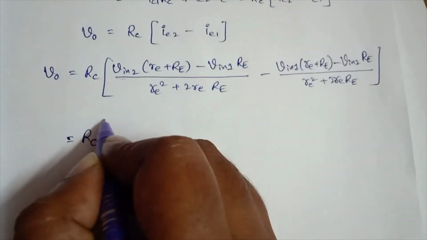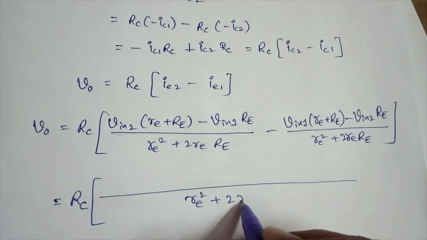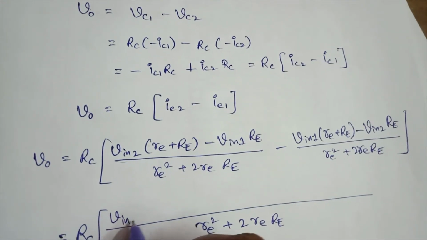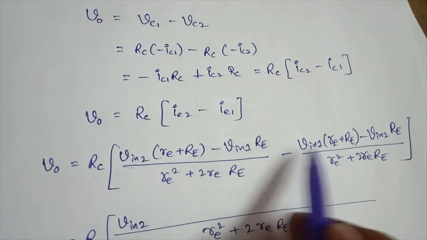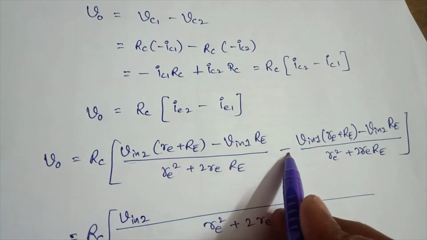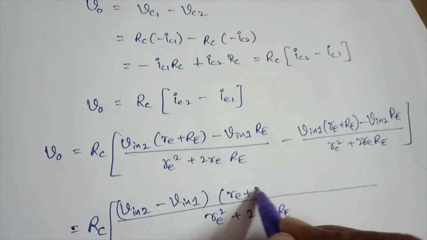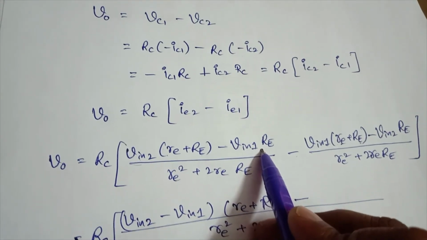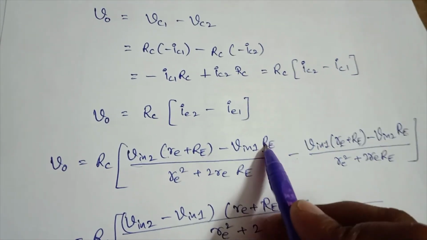equation, then we are getting RC. The denominator term is the same for both terms, re square plus 2re into RE. So combine the numerator: Vin2 minus Vin1 into re plus capital RE, here also re plus RE. So we take re plus capital RE common, then it becomes Vin2 minus Vin1 into re plus capital RE, minus, here we have minus Vin1, here we have minus Vin2, but both the terms have a multiplication factor RE.